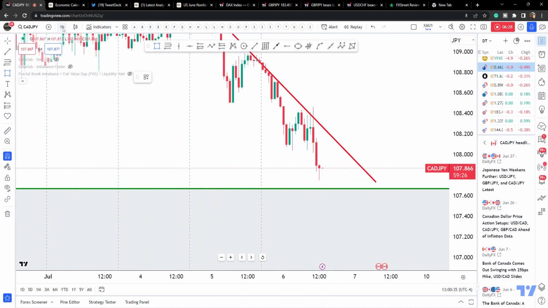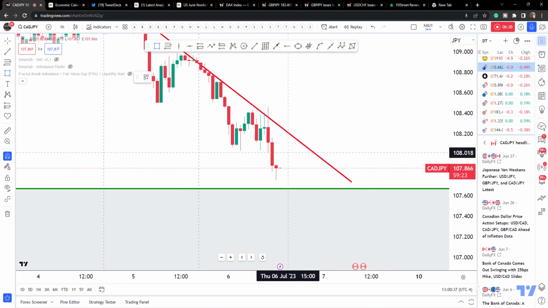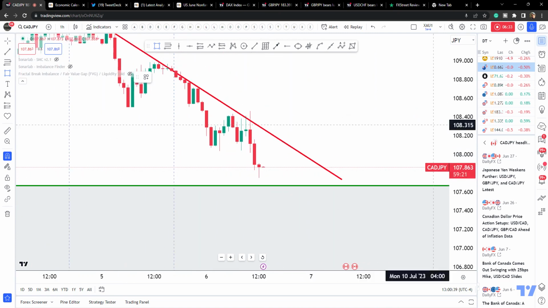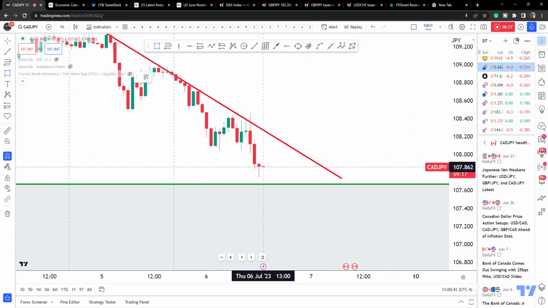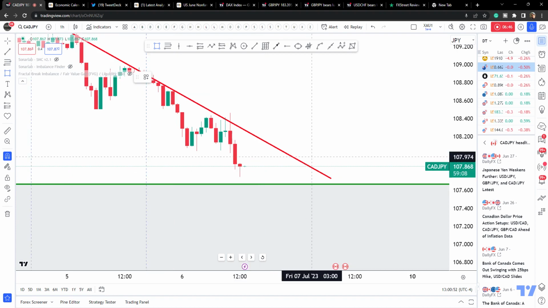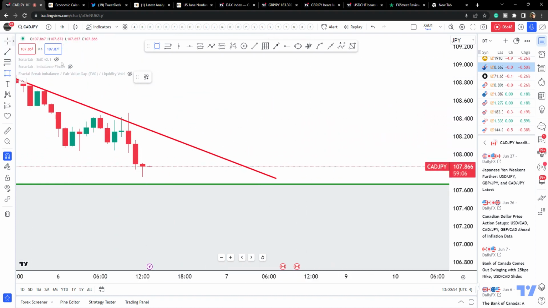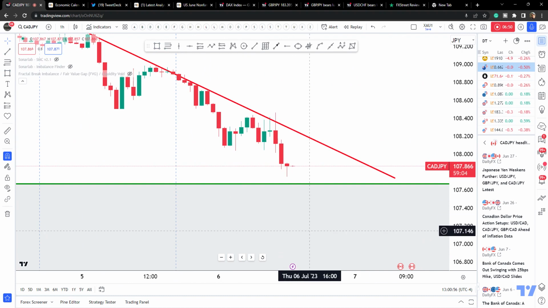It's just worth monitoring. We're looking for a bullish close. If we get a bullish close on the next hourly candle, then the thesis will be higher towards the trendline resistance. If we fill this candle, then again we'll just have to monitor to see whether this is decelerating or if the market wants to continue lower.